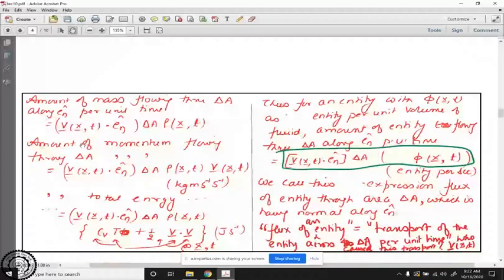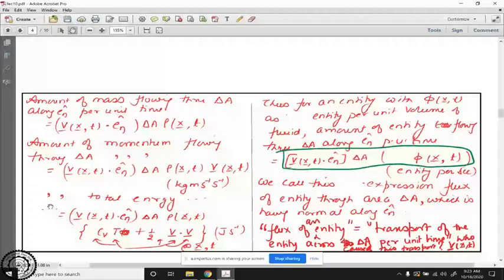So this question that I'm asking the second time, the amount of momentum, is actually a vector. So velocity is able to transport vectors also. In fact, this idea can be extended to any tensor of any order. It can transport tensors across that area. Okay. So this is the expression for how much momentum is flowing through delta A.